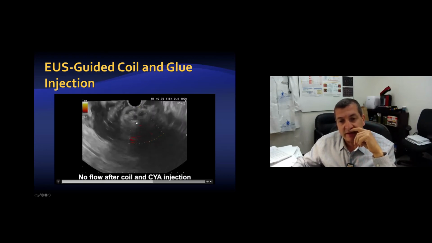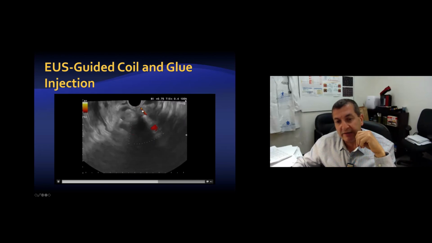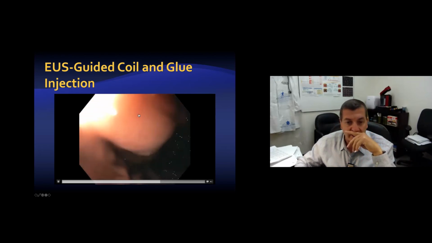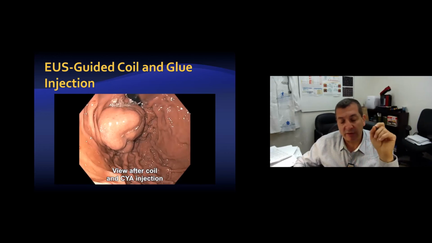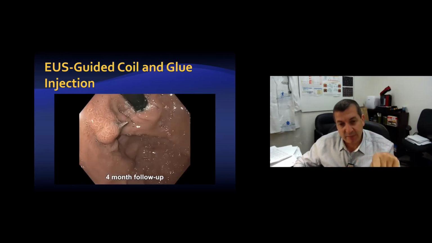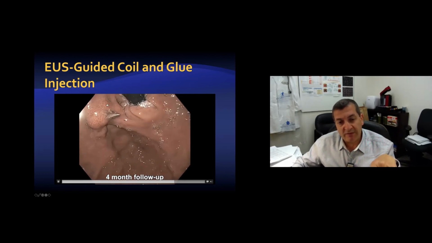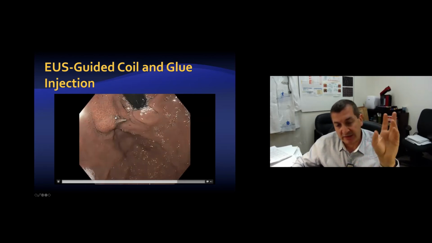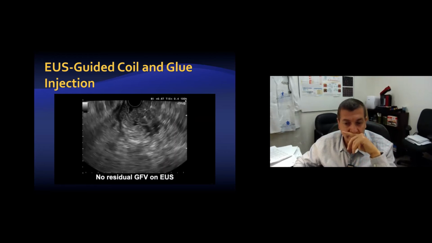As you can see, it clotted. When you put Doppler, you barely see any flow through the vessel or the varix that was treated. And this is an example where you can see a little bit of one of the coils protruding out, but the vessel has been treated and the risk of bleeding is non-existent anymore.